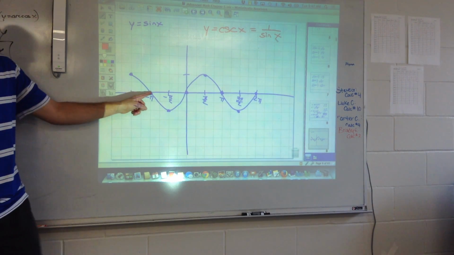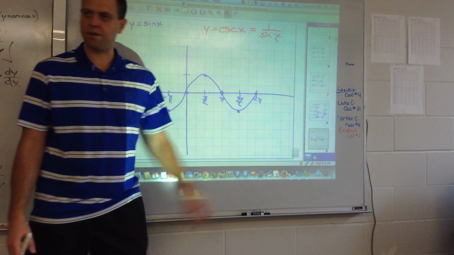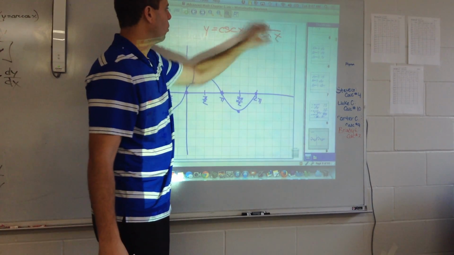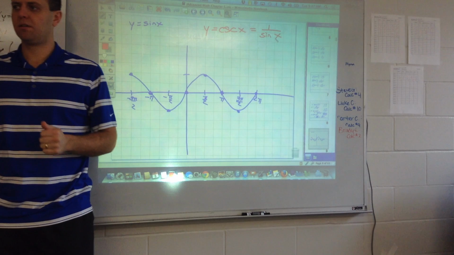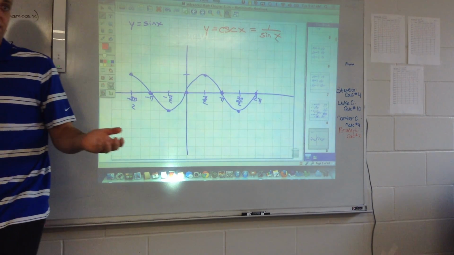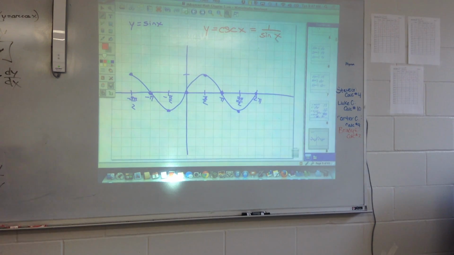Yeah, a whole bunch of times. Here, here, here, here. All of those places where your sine function is equal to 0, what's the cosecant of that value? Undefined, right? Not possible. Okay.